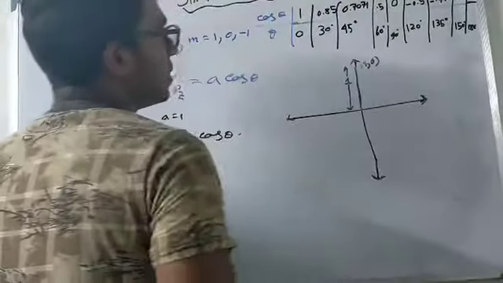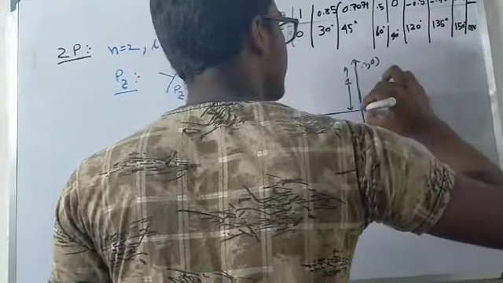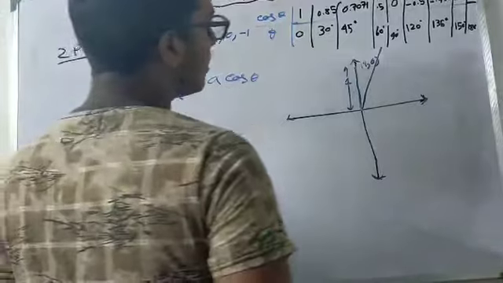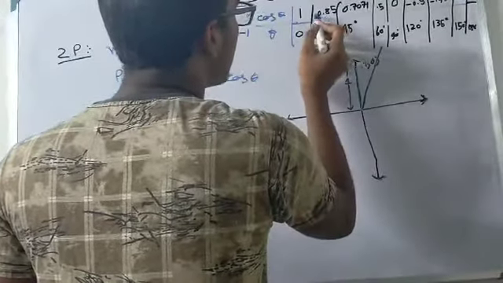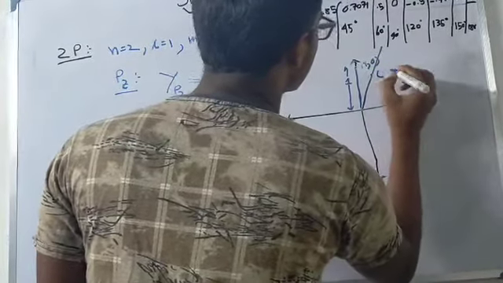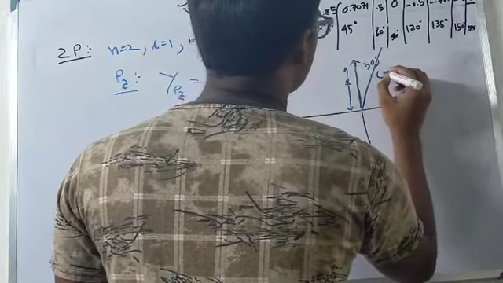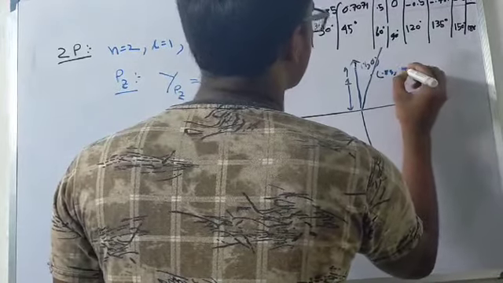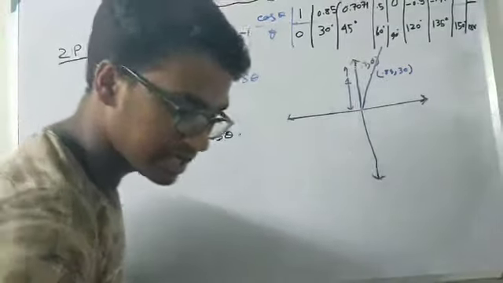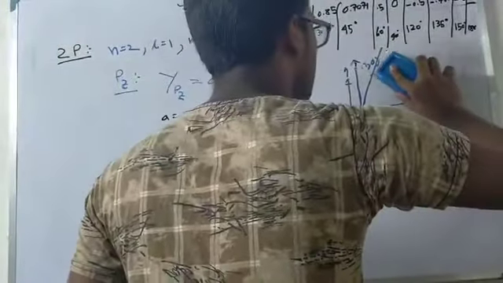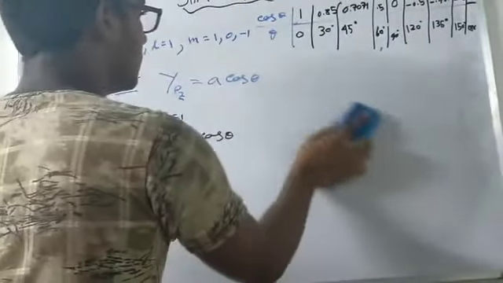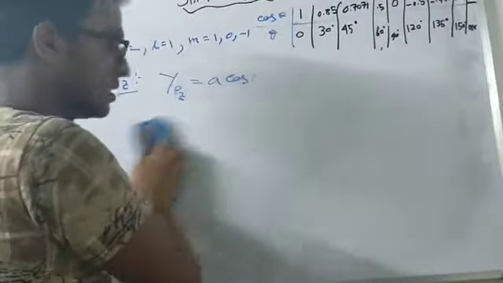For the 30 degree angle, my value is less than 1, 0.85, so this point is (0.85, 30 degrees). I will not write the points here, I will draw the graph bigger in size.